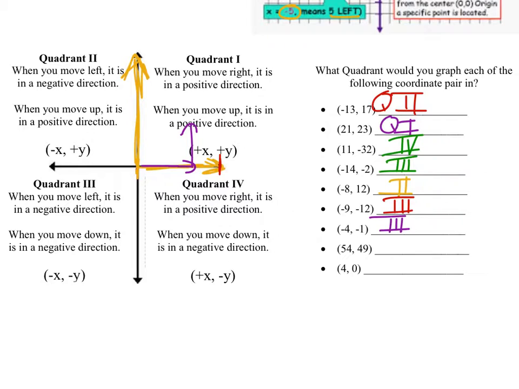What about 54, 49? Quadrant 1. And finally, what about 4, 0? Both, it's 1 and 4? As it turns out, it is not in quadrant 1, but it is also not in quadrant 4.